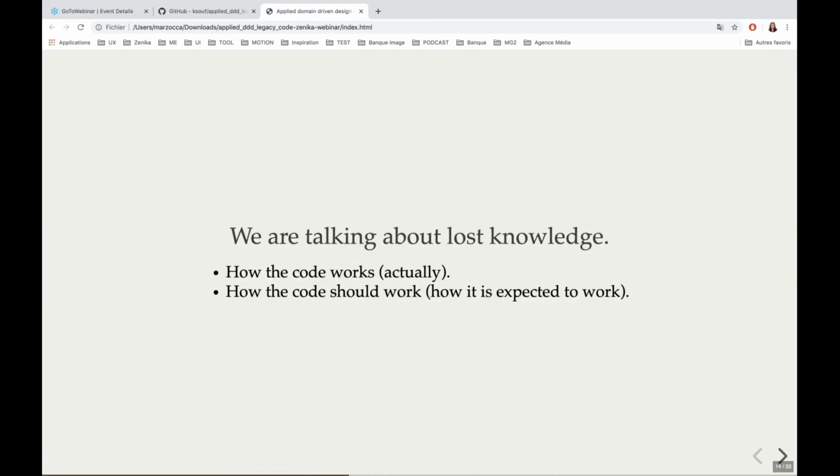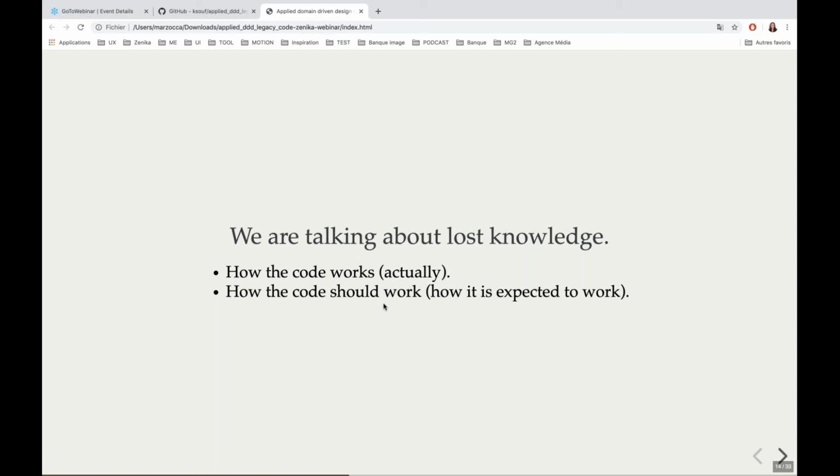Here we have what we call lost knowledge. The lost knowledge is how it works and why it works. How it works is the lost knowledge on the dev side, and how it should work and why it works is on the business side.